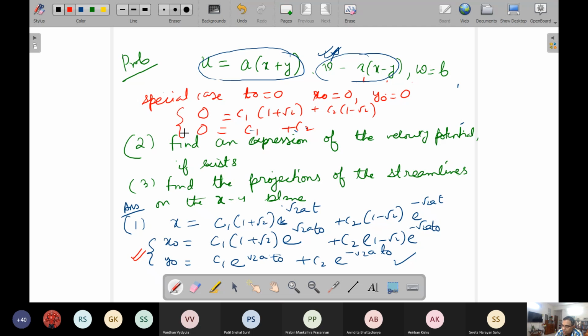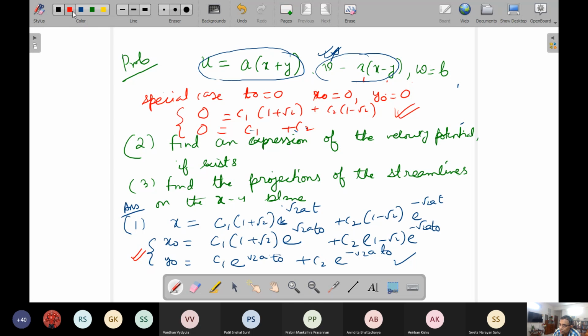If it was a condition like this, where there is, say, a parametric dependence on some parameter, say A or B or whatever, then the situation would be that for some values of the parameter, the particle will remain at the origin, and for some other values it will not, because essentially what you have in this system of equations is C1 into something plus C2 into something equal to 0 and C1 plus C2 equal to 0.